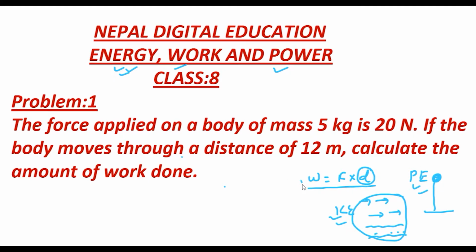And work means force into displacement, or force into distance in the direction of force applied. And power is given by work done upon time taken. We can also define power as the rate of doing work, or mathematically we can express power equal to work done upon time taken.